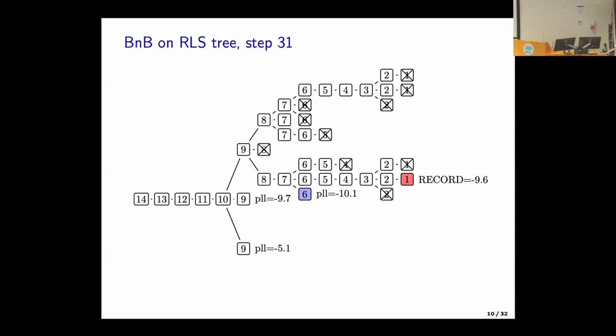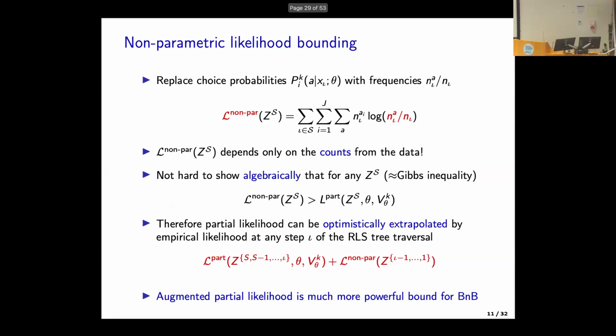But because you traverse the whole tree in the end, you will always find the global maximum. And of course, everything depends on how informative the data is, because that's the data which lives somewhere in these points that gives you the partial likelihood values and allows you to skip computation.